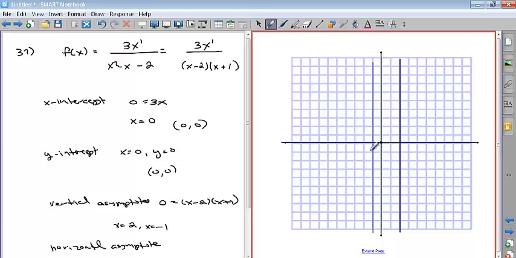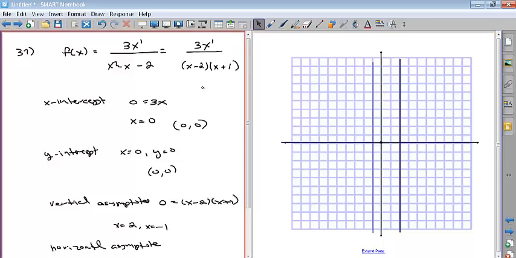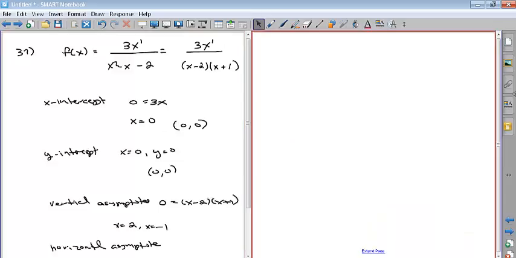So let's do x equals -2, and so let's do that first. So what I'm going to do is add a page here. So if you do x equals -2, f of -2 is going to be 3 times -2 divided by -2 squared minus -2 minus 2.